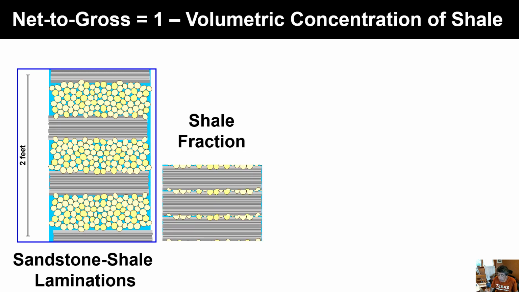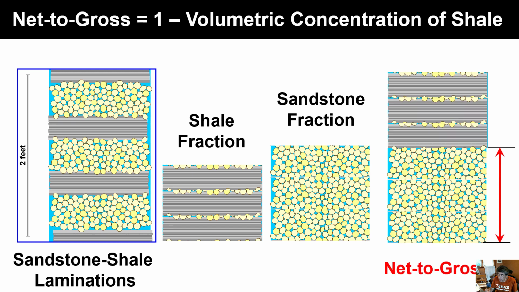And when we do calculations of net to gross, essentially we're looking at the fraction of the volume of sandstone within a reference volume of investigation. That's what we have to take into account, and in this analysis we are after the properties of those sandstone layers.